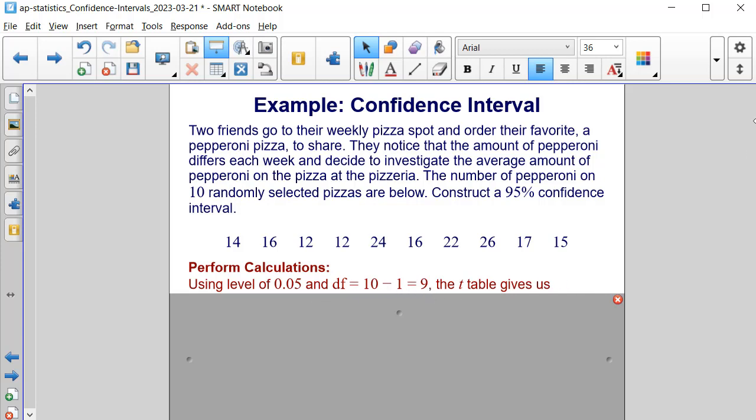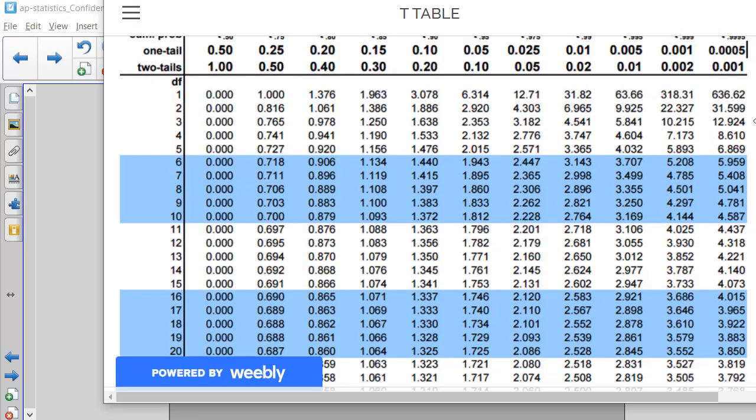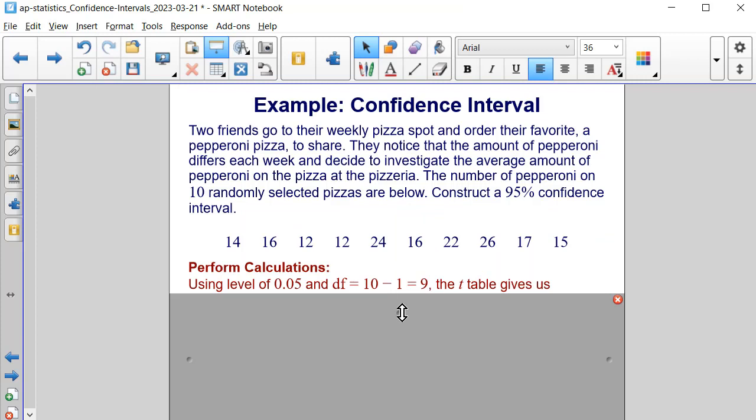So if we switch over to our t-table and we read it, here's our 5 hundredths, and we go down to the 9. So our t value, or t star value, is going to be 2 and 262 thousandths.